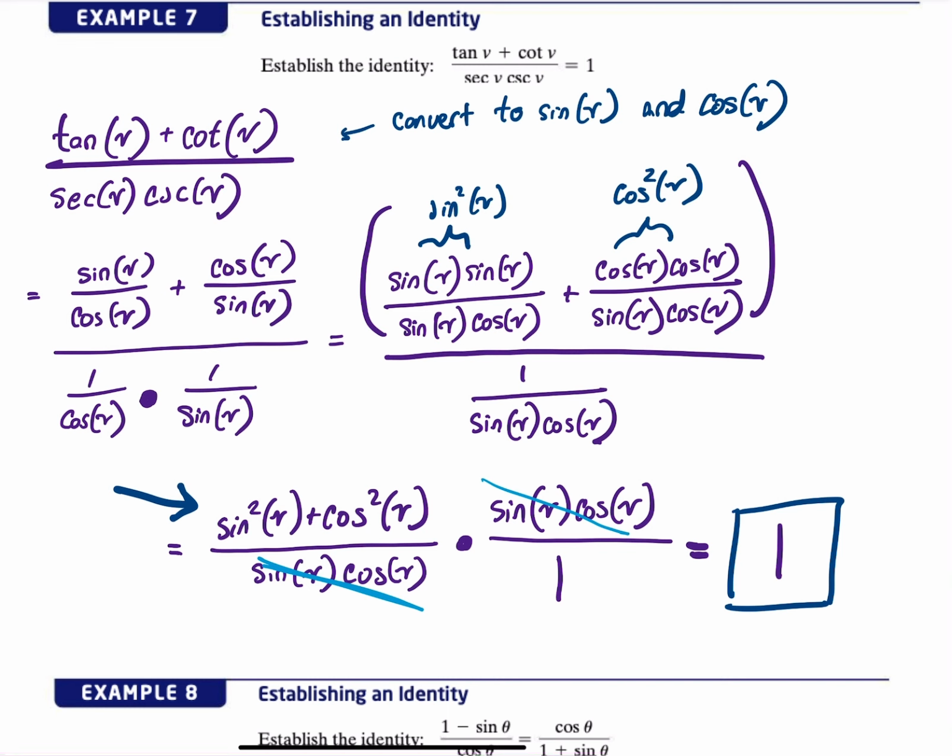Got our new denominator. We had a division of two fractions, so turn that into a multiplication. So that allowed us just to cancel some factors. And then we used a Pythagorean identity here, just to give some labels to these.